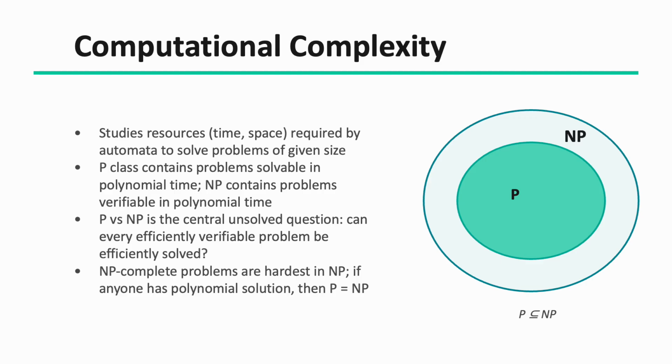P versus NP is the central unsolved question: can every efficiently verifiable problem be efficiently solved? Now that's a great question for you to conduct research on. NP-complete problems are the hardest in NP. If anyone has a polynomial solution, then P is equal to NP, where P belongs to NP technically.